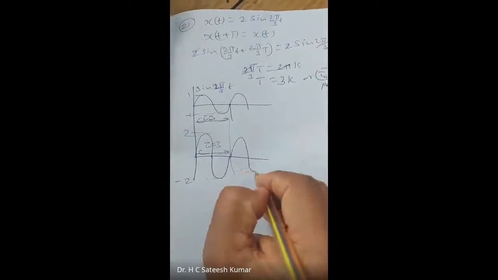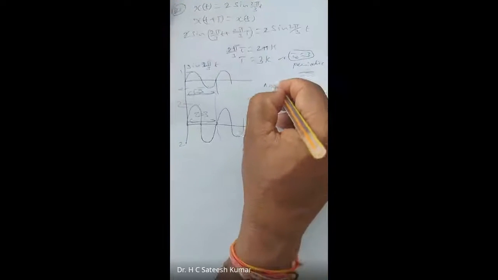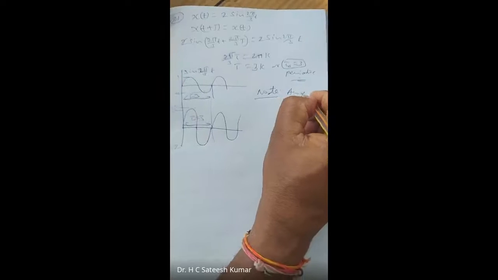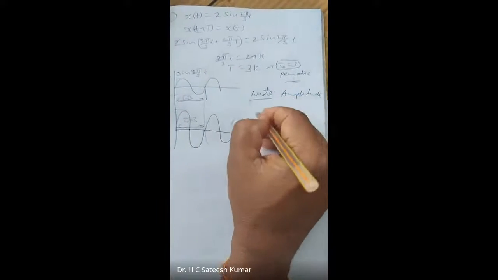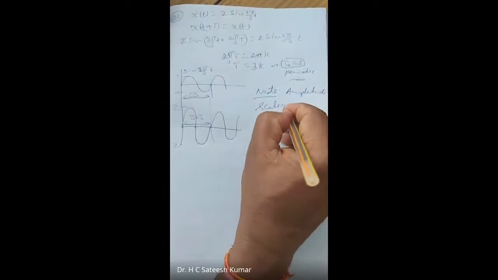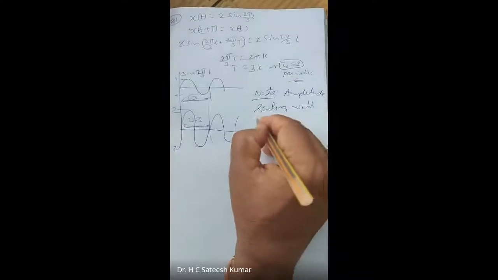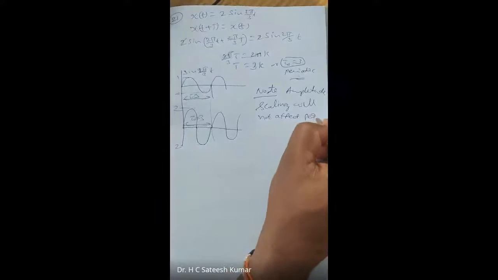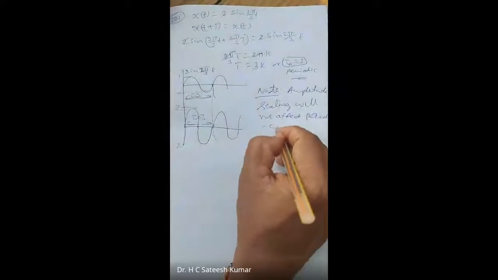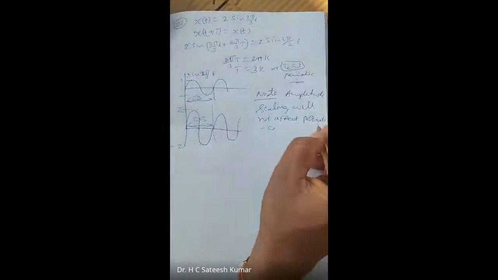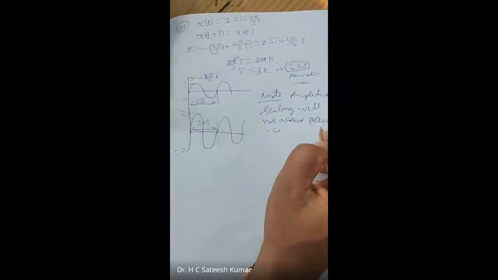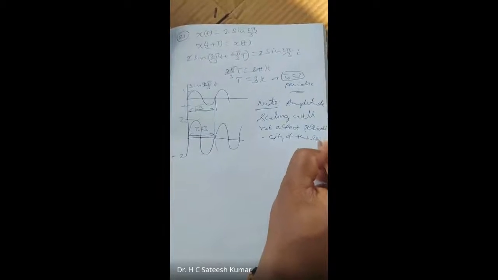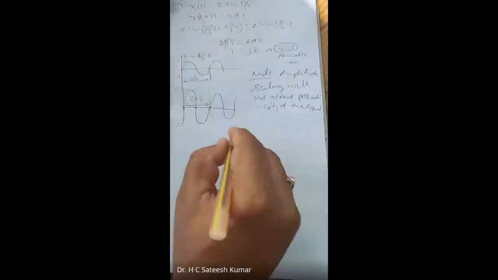Amplitude scaling will not affect the periodicity of the signal. Amplitude is increasing, but the periodicity of the signal stays the same. That's what you can understand from this.